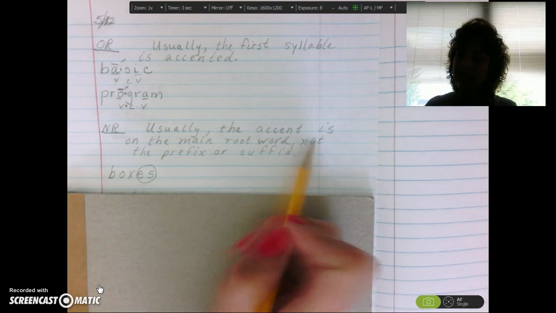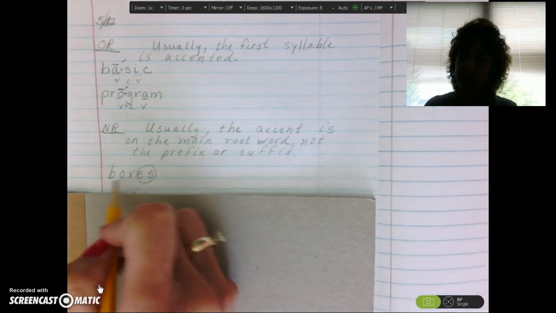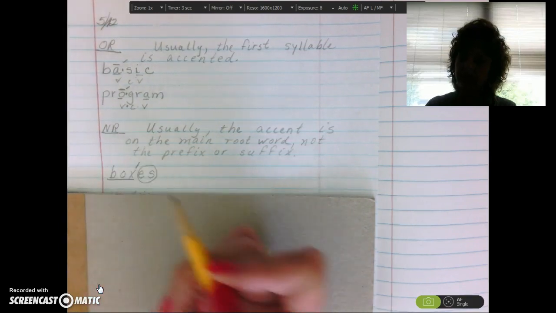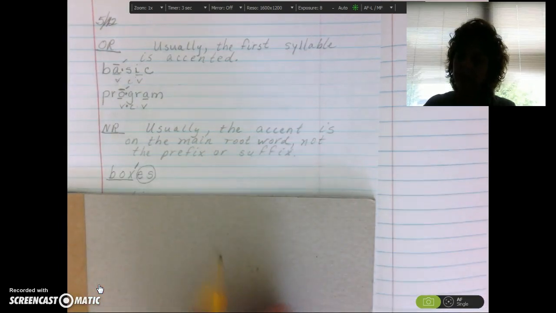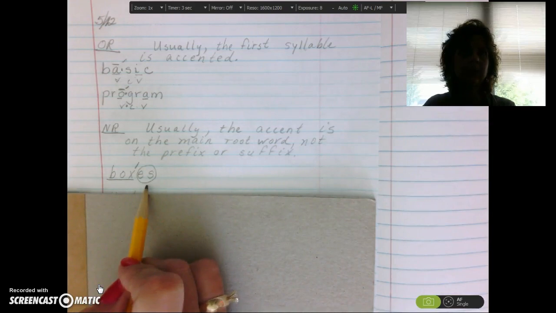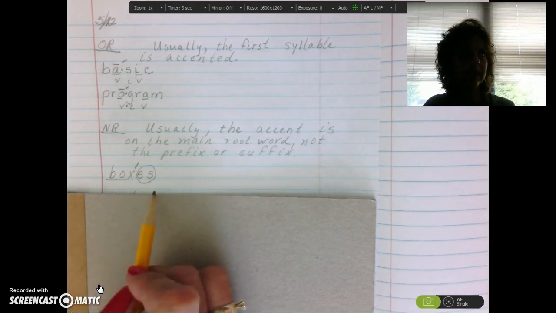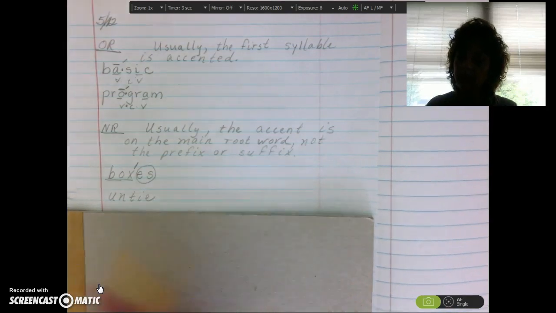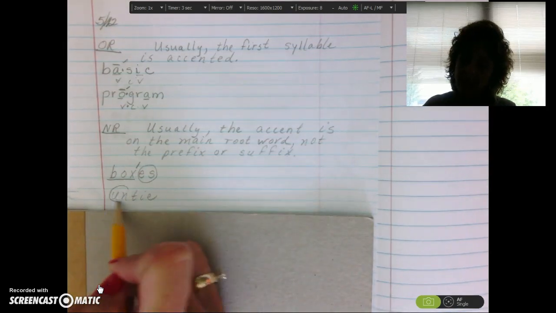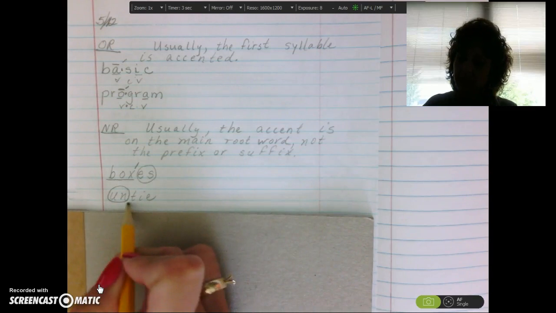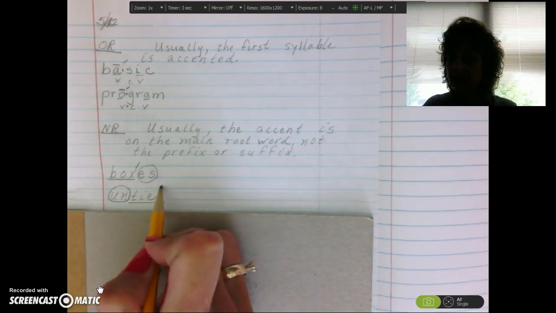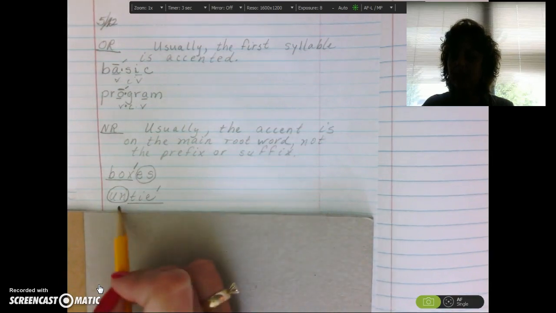So if it's saying the accent is on the main root word, box is the main root word, so it's going to get the accent. Boxes. All right? Again, with this word, un is your prefix. The main root word is tie. The accent's going to go on tie.